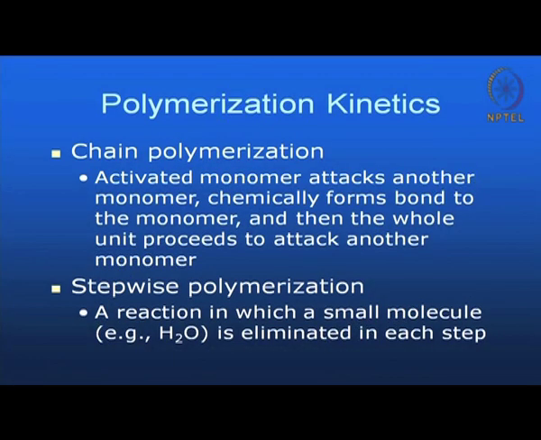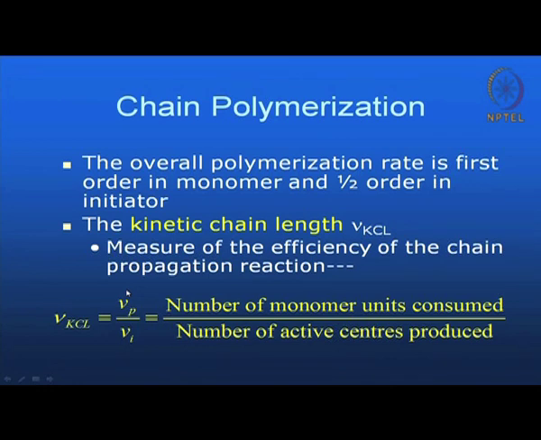It is called stepwise polymerization. Now, chain polymerization generally requires a chain initiator, like I told you with the H2 plus Br2 reaction, where initially you need to generate 2 Br radicals.